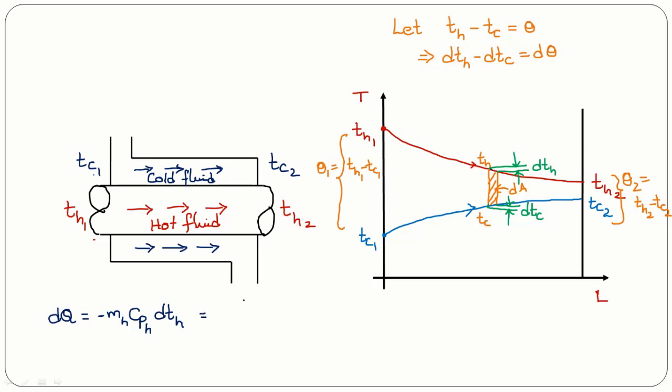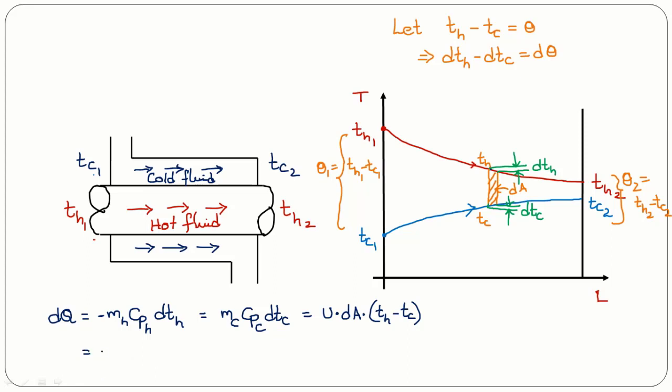This will be equal to the heat gained by the cold fluid in this elemental area, mc Cpc dTc. Now, this will be equal to the overall heat transfer coefficient multiplied by the area of the element into hot fluid temperature minus cold fluid temperature.